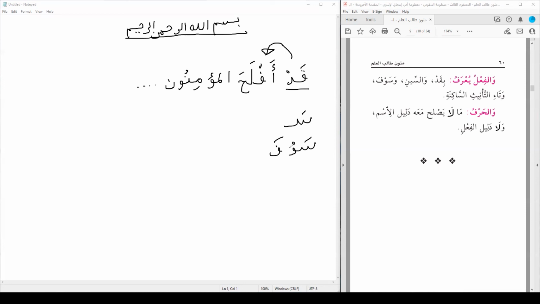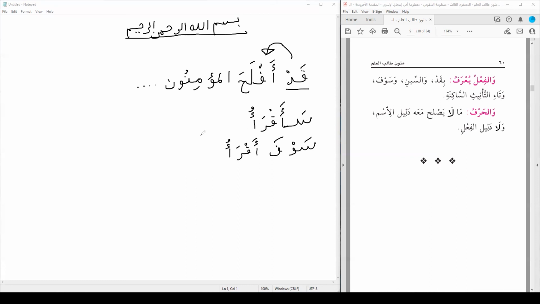Then we have seen and sawfa. Seen and sawfa are used to show the future tense. So for example, I can say sa'aqra'u, I will read. Or I can say sawfa aqra'u.